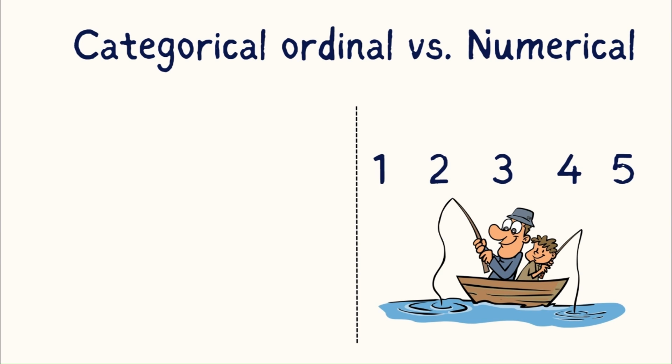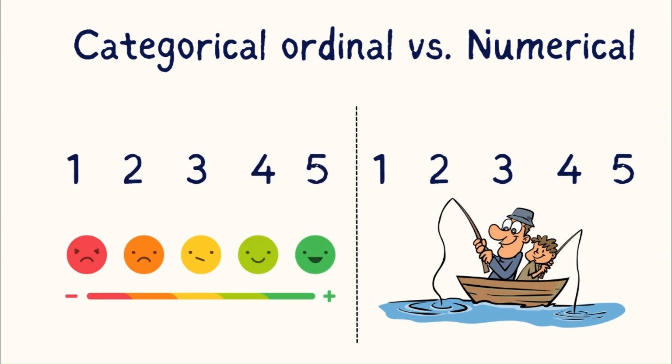Well, numerical variables are expressed through a quantity. They answer the question how much or how many. For example, the number of fish each contestant in a fishing competition catches. The numbers don't have any underlying meaning. They are just a quantity. Categorical ordinal variables use ordered numbers as labels or tags, not quantities per se.